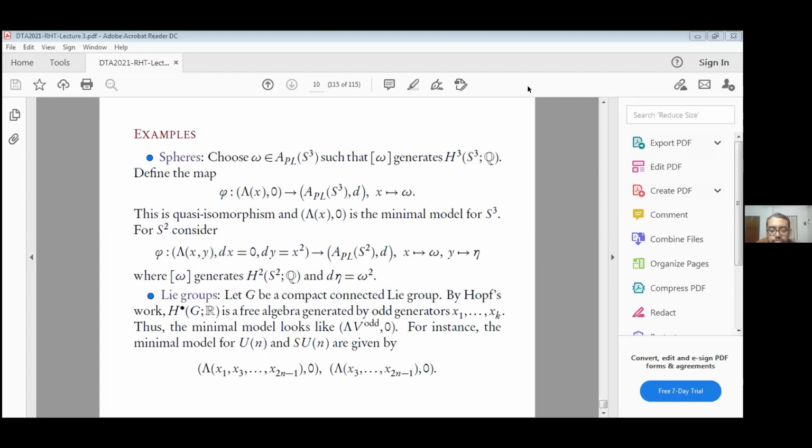I think the point is you have to lift it to the DG Lie algebra, to the Lie model. If you can lift it to the Lie model, I think you can get a rational map. And once you have a rational map, if it induces an isomorphism, then you have it.